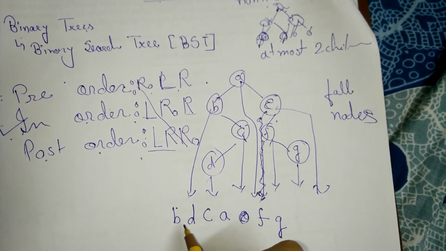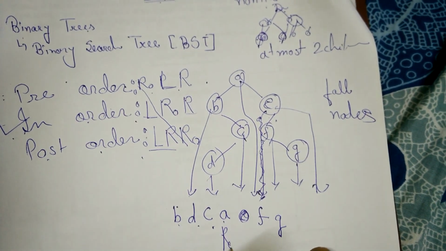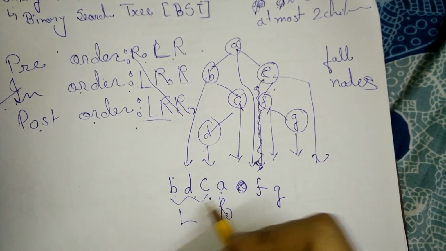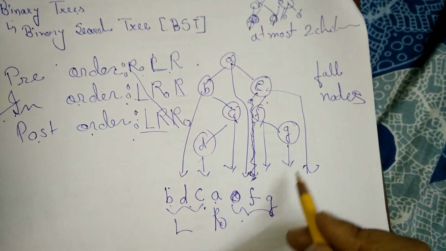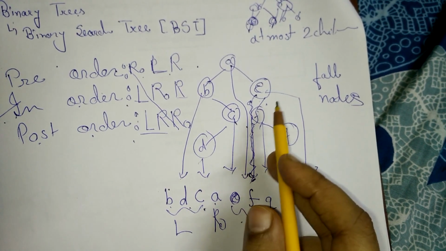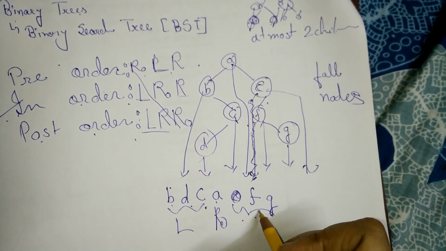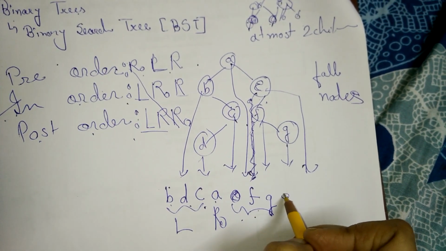So B, D, C, then the root, that is A. This is your left subtree, and this is your right subtree. In the right subtree also we have to follow the same rule, that is left, root, and right. So your in-order sequence will be F, G, E.